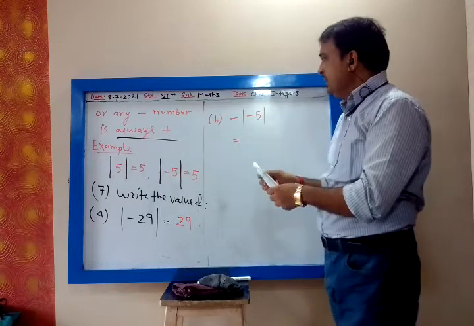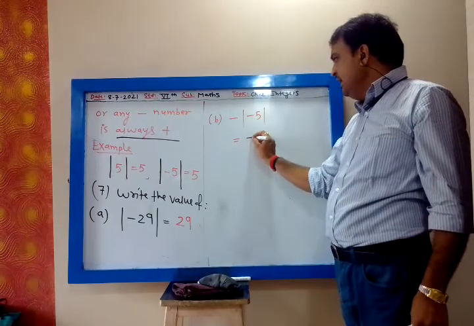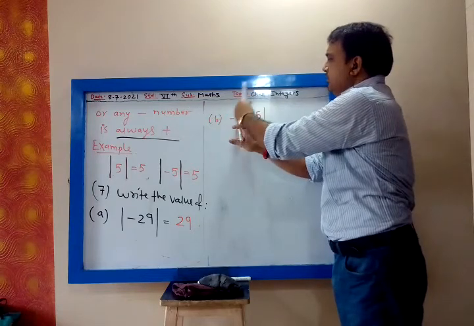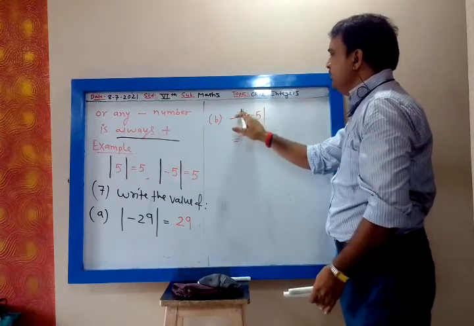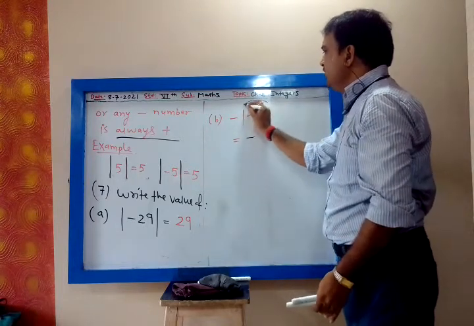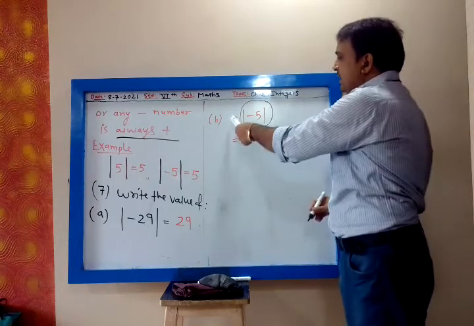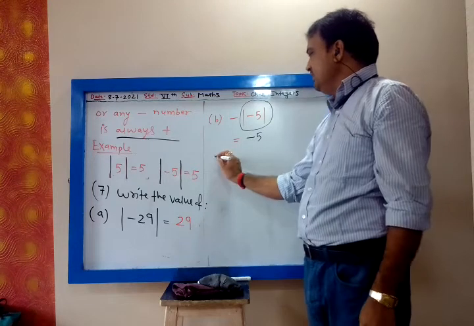This minus sign I will carry as it is, because the minus is outside the absolute value. So I will write minus. But what is the absolute value of minus 5? It is 5. So the answer is minus 5, because of this minus sign outside.